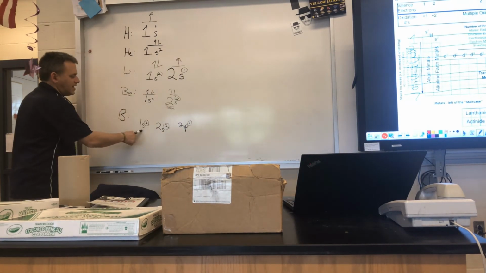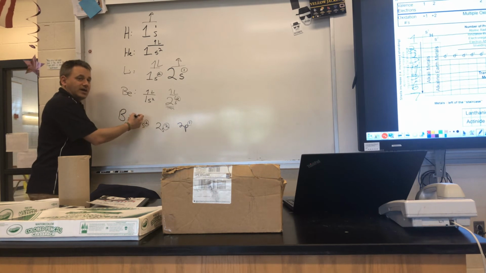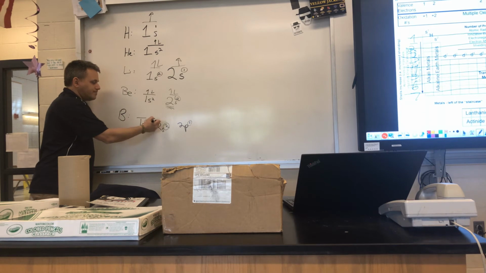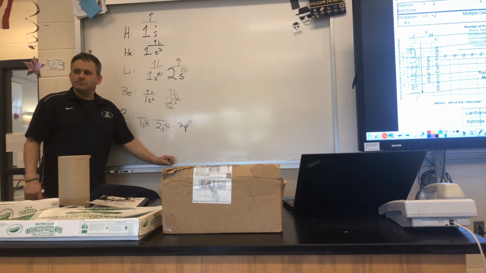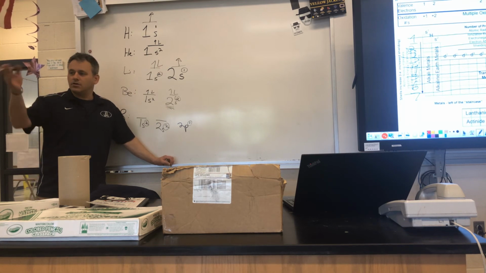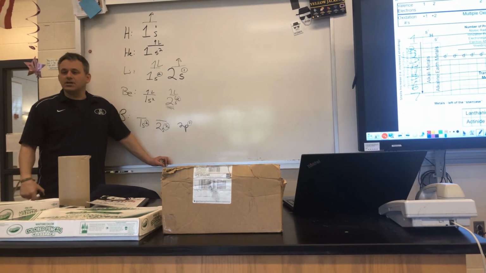Every time you have an S, how many beds are there for an S? At least 1. How many beds are there for a P? How many P shapes were there? Look at your shells, your orbitals, the little shapes. 3.